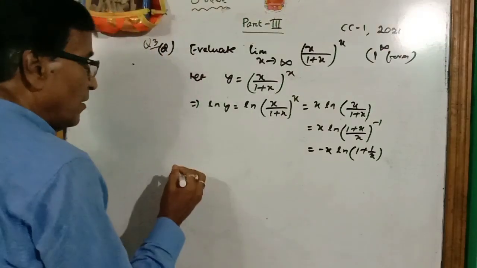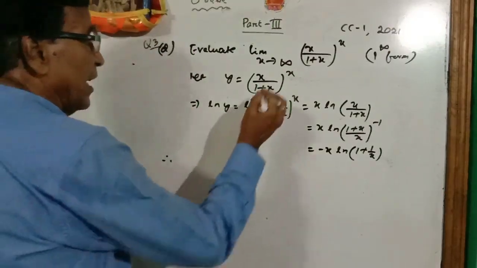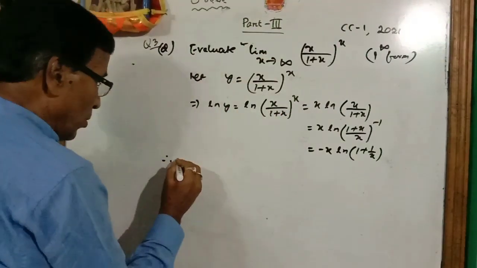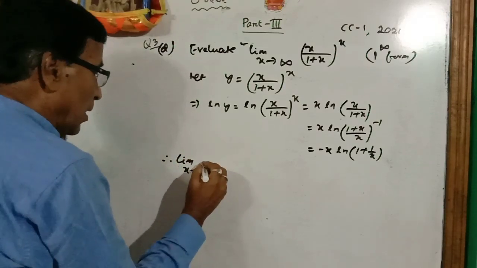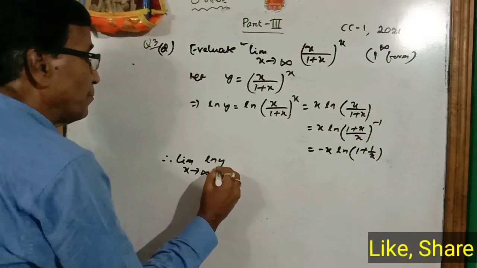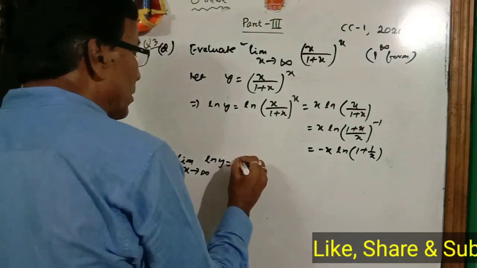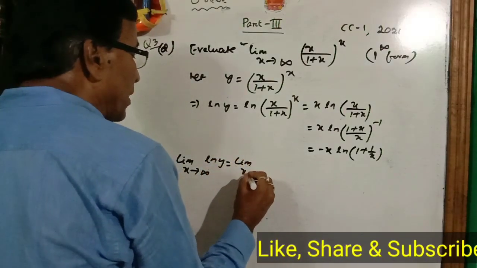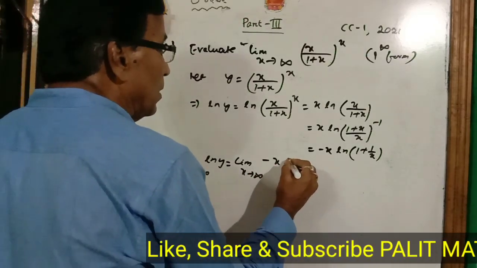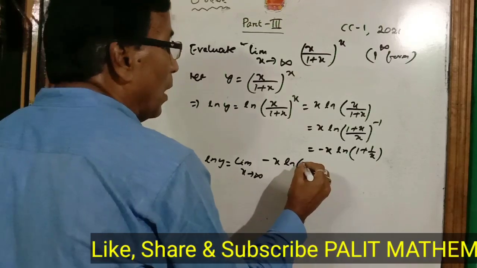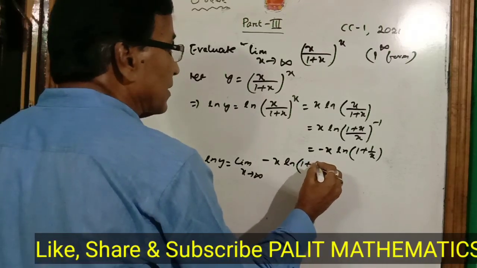Now, taking the limit as x tends to infinity on both sides, we get the limit of log y is equal to the limit of minus x log of (1 plus 1 by x).